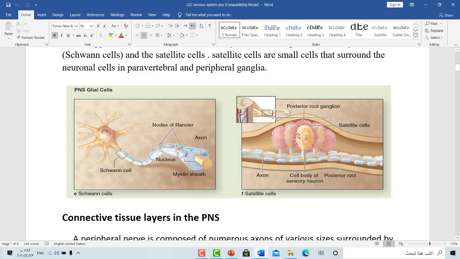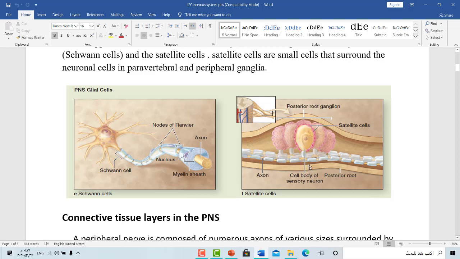Each cell is unipolar, with an axon that divides into two branches. One branch enters the CNS, the spinal cord, and the other reaches the target organ, for sensation from the skin, skeletal muscle, and adipose tissue.